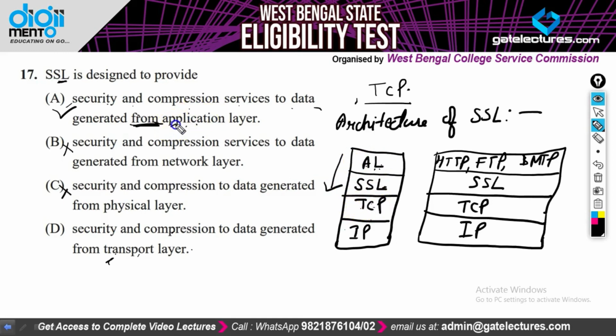So option A is right, not option D. Okay, SSL is a standard security protocol for establishing encrypted links between web server and a browser. Okay, so they work in application layer. Okay, so we are actually securing our data coming from the application layer, not from the transport layer. So option A is clearly right here.